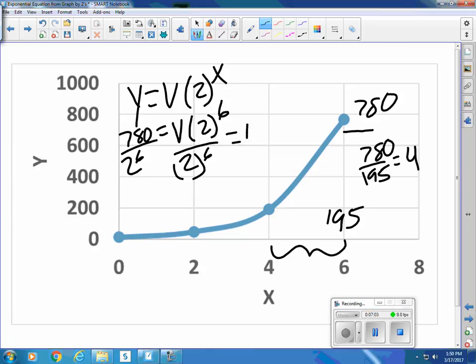That gives me a value of 12. So I know my equation is y is 12 times 2 raised to the x. Getting twice as big every time, 12, 24, 48, 96, 192.